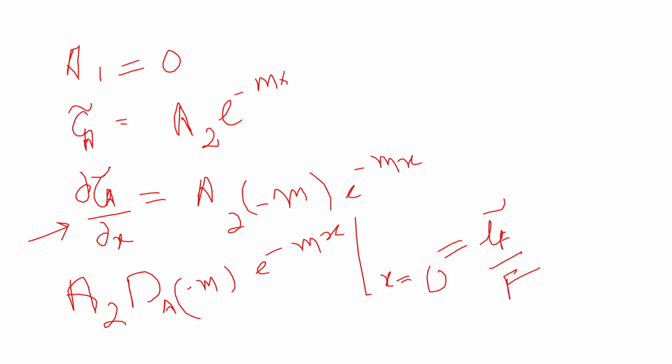And once I rearrange this, I will get A2 is equal to IF bar by nF dA into minus 1 by m.